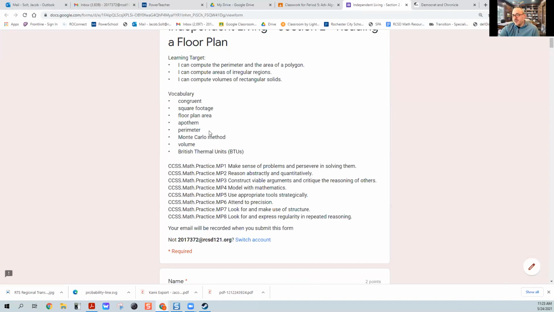Perimeter is when you add up all the sides of a polygon. I'll talk more about the Monte Carlo method, which is a method for determining the volume or area of irregular shapes. Volume is how much space is in a three-dimensional area. And British thermal units, BTUs, which is how we measure furnaces and air conditioners and that kind of thing.